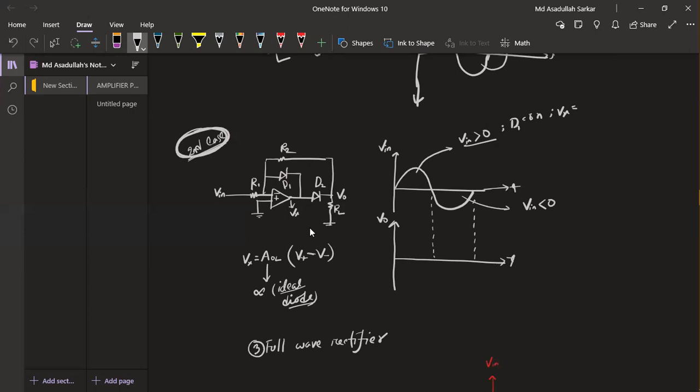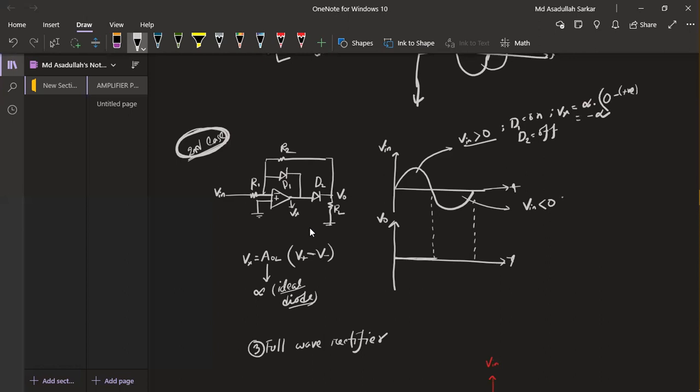So infinite multiplied by (0 minus some positive value) makes Vx minus infinite. If Vx is minus infinite, then D2 will be off. If D2 is off, then the circuit is not in operation. So for the positive half cycle, the output will be 0. There is no output.